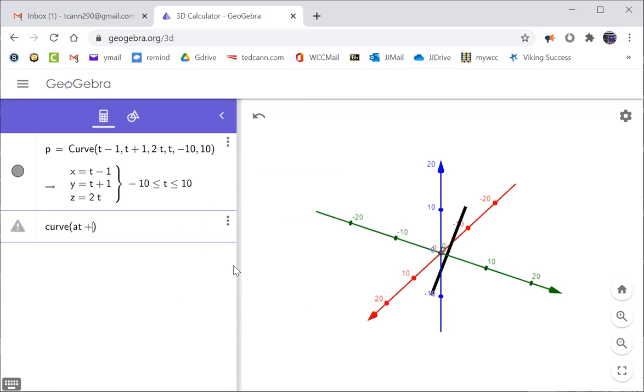So AT + B, comma, CT plus D, comma, ET plus F. Okay, I haven't used those anywhere else. Should be good. T, -10 to 10.